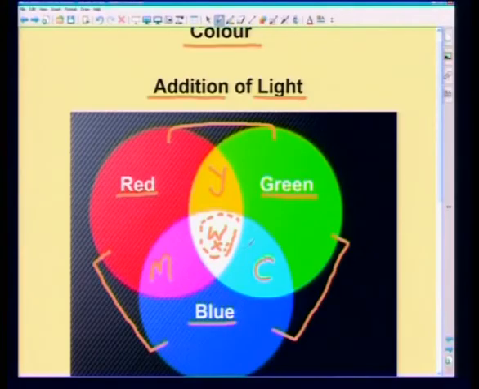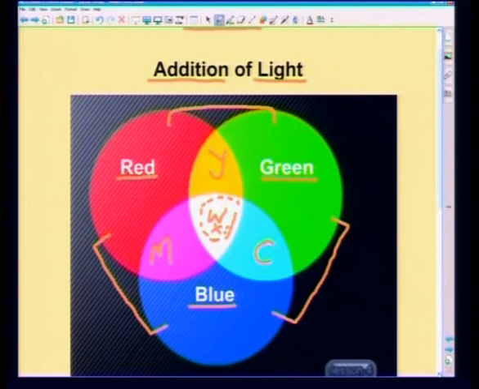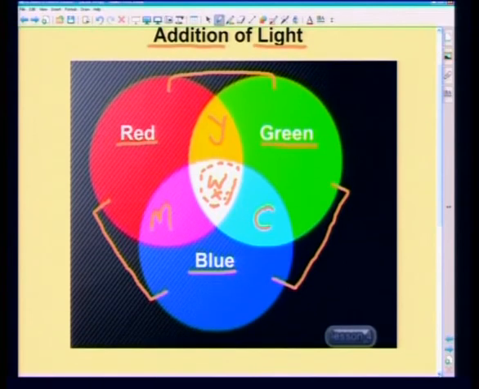So at that point here, all the three colors meet. The blue, the green, and the red come together, and we have white color of light. And this is called addition of color or of light. We're adding lights together and producing other colors of light.